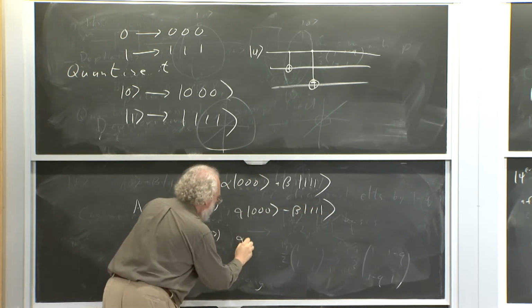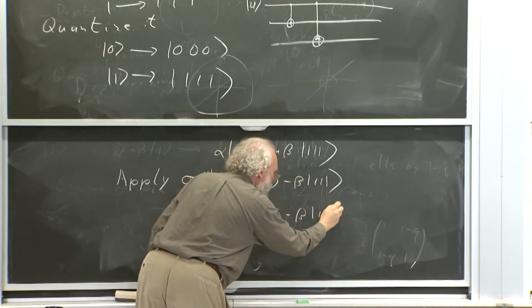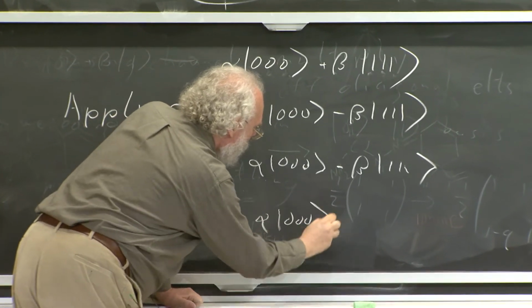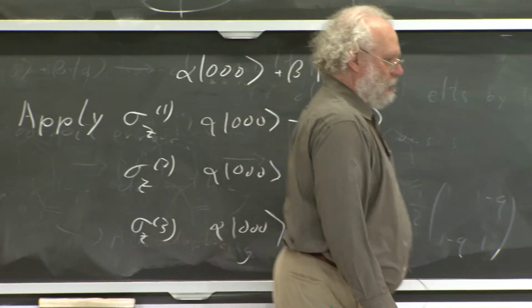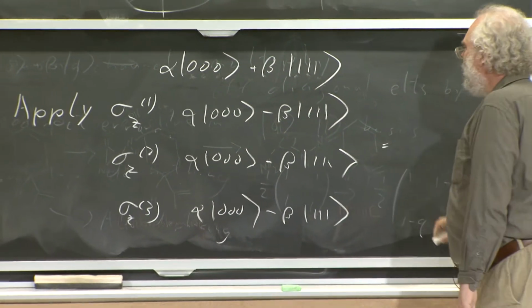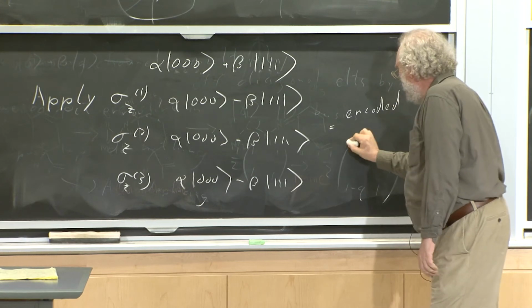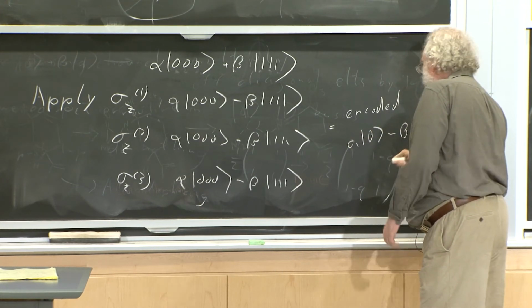Here we get the same thing, right? And here we get the same thing again. And all of these are encoded alpha 0 minus beta 1.